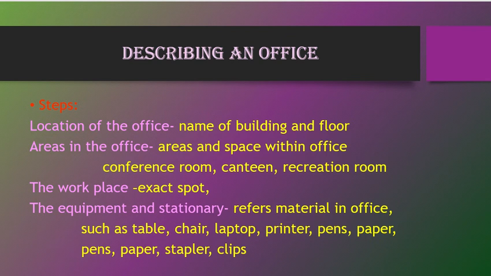We have to explain whatever things are in the office. For example, where is the conference room, where is the canteen, where is the recreation room, where is the meeting room, where is the boss's cabin. We have to mention all these things in the areas in the office, or we have to mention all the areas in the office: the boss's cabin, conference room, canteen, recreation room, or such other departments of the office.